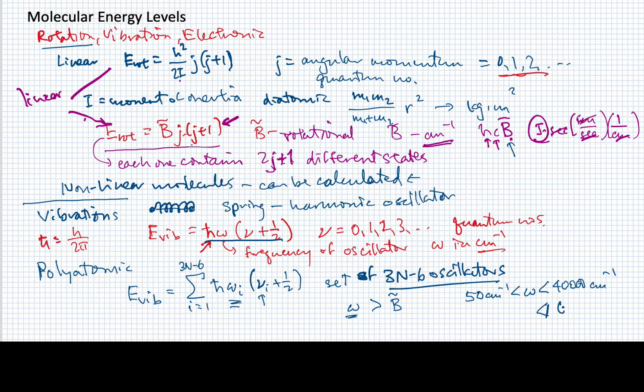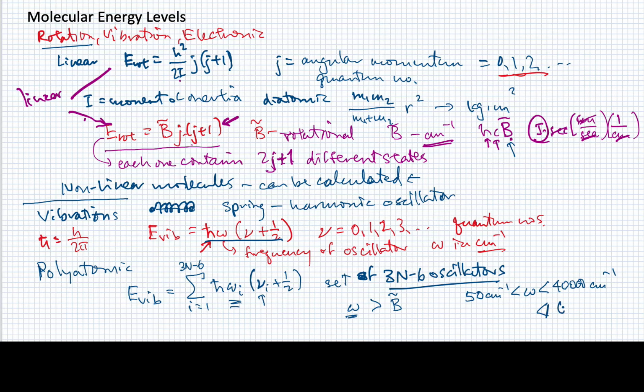And the smallest is going to be fractions, so we'll say 0.001 perhaps wave numbers. So we can see here that B is a lot smaller, maybe I should even put two of these, a lot smaller than the harmonic oscillator frequencies. So we're going to be interested in what that means for the energy levels of a molecule.